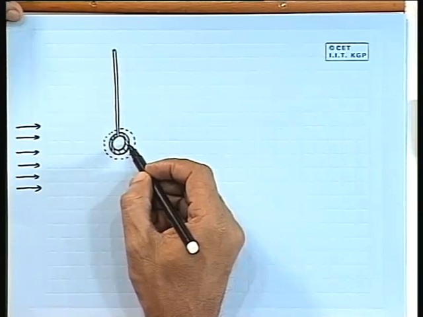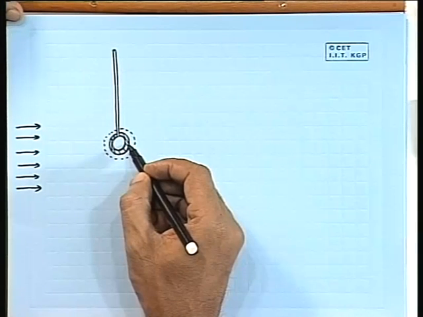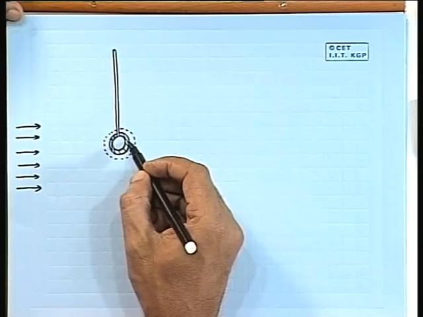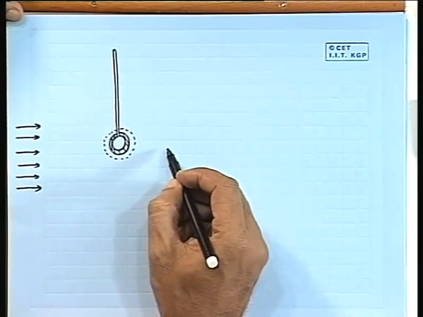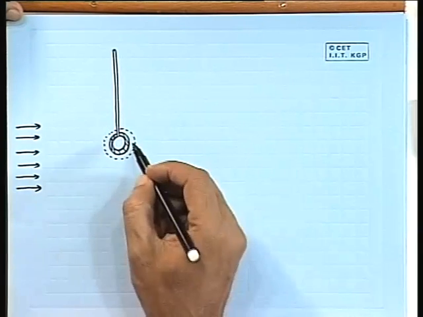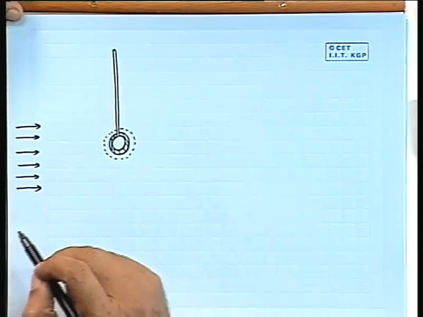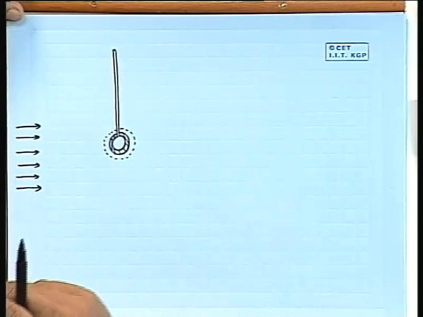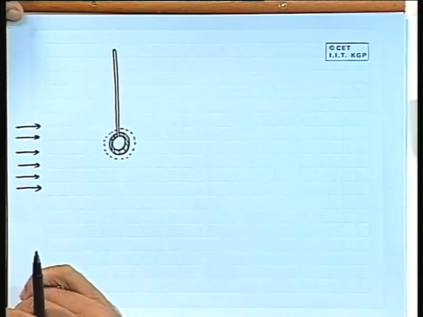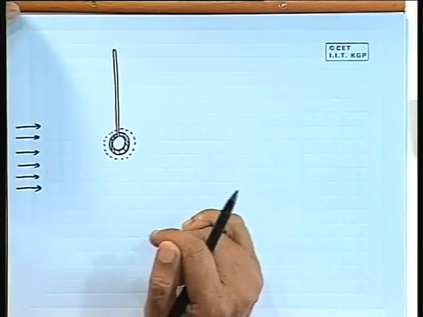That means the concentration of water vapor will vary from the outer surface of this wet wick to the air flowing past it, and there is a variation of temperature from the outer surface of the wick to the air passing past it.